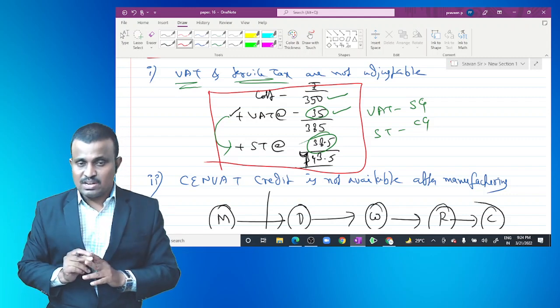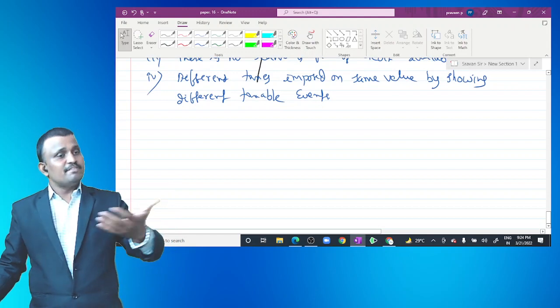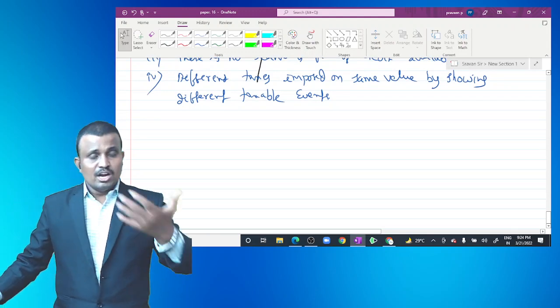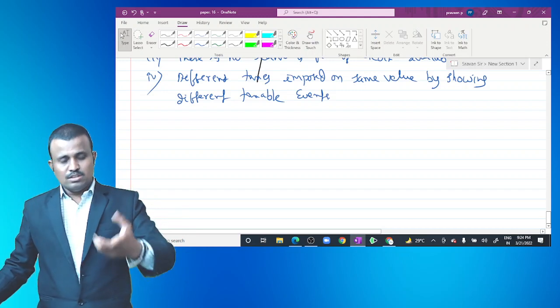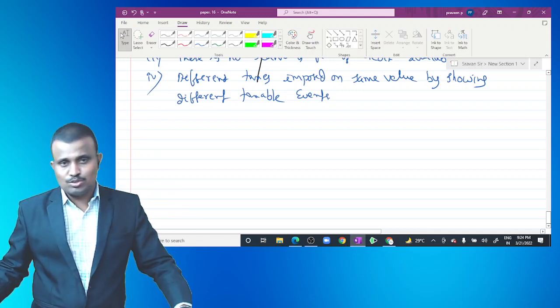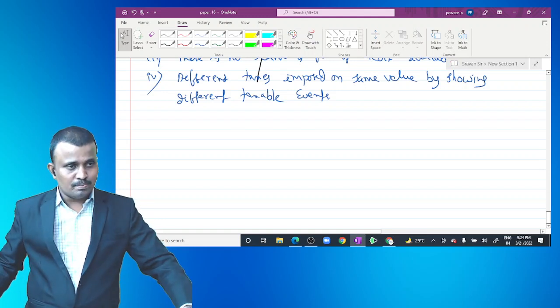For example, you go to a party and you purchase the entry fee, the ticket for entering the party. The ticket price is around 4,000 rupees. For example, in a pub, the ticket price is around 4,000 rupees.